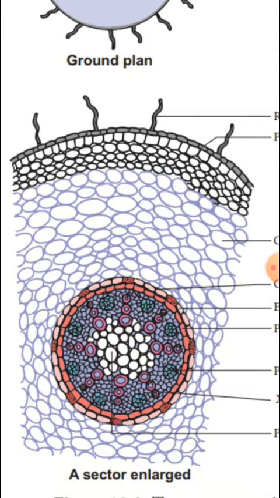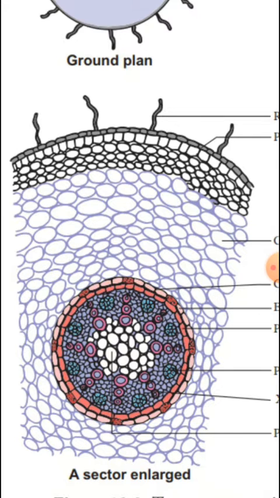The next region is the cortex region. This is the wide region of parenchyma cells that encloses intercellular spaces for the exchange of gases. These cells also store food in older roots.